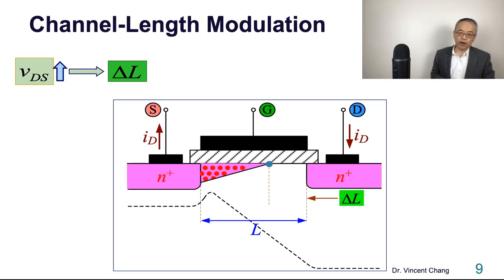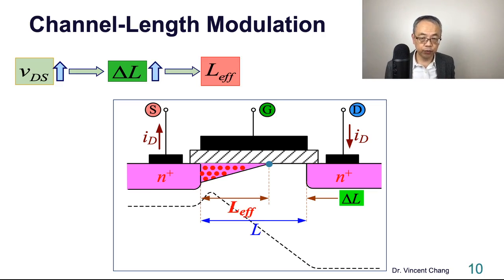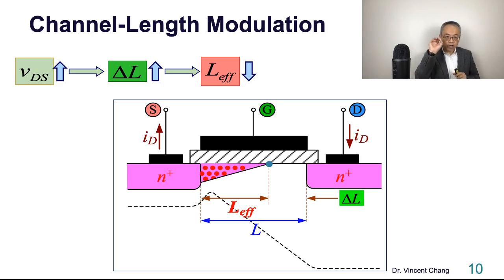Then delta L is increased, which means the L effective will be decreased.